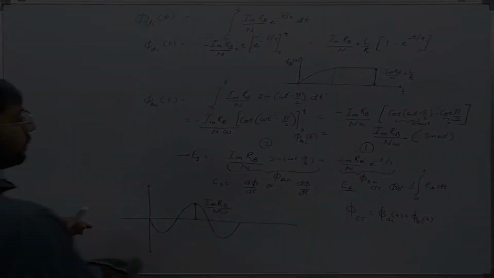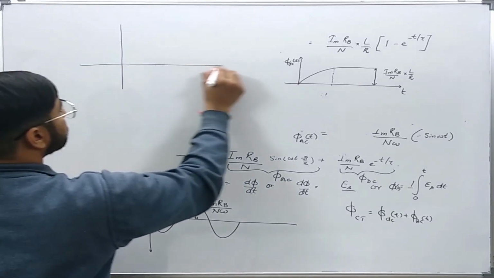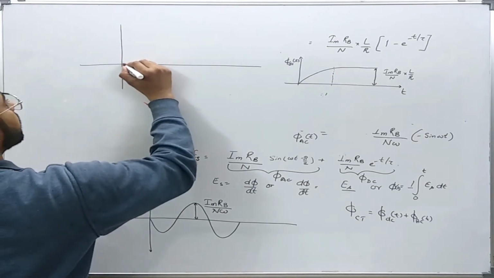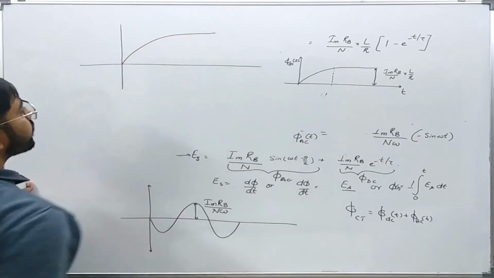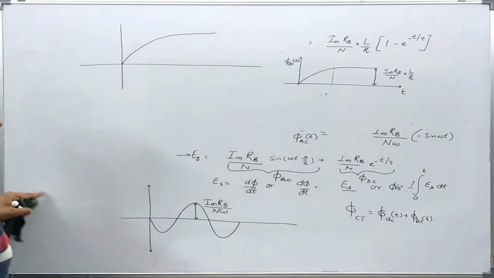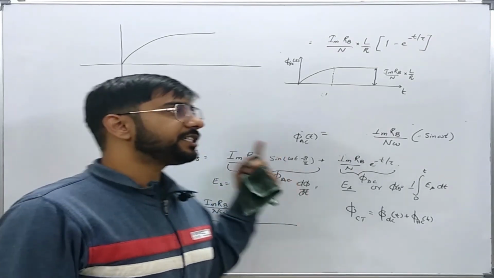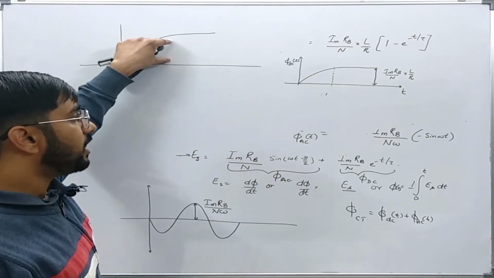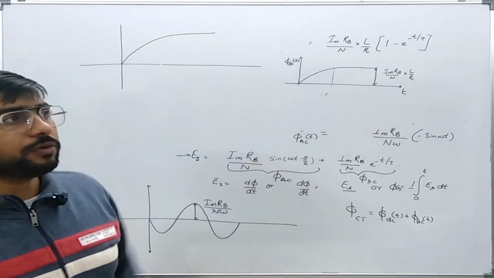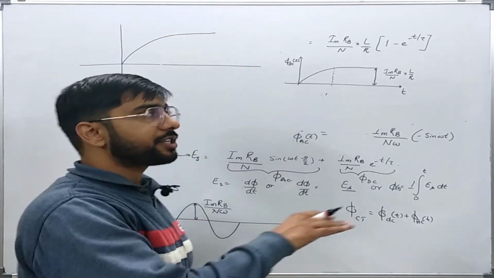The flux will be riding on this. The mean value of the flux will change according to the increasing DC value, up to the saturation part.